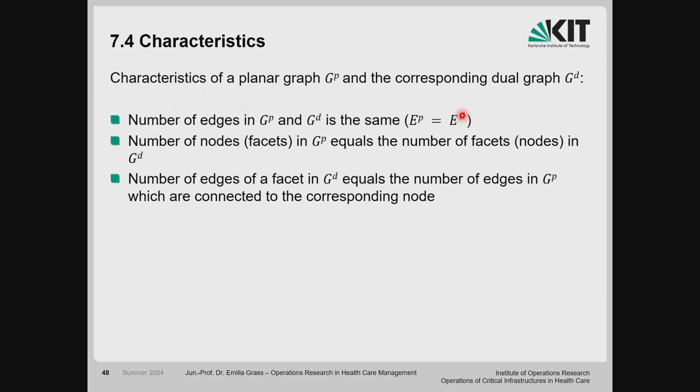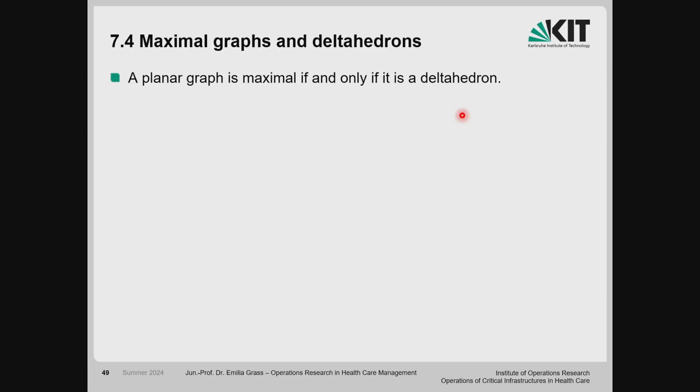Then the number of edges of a facet in the dual equals the number of edges in the planar one which are connected to the corresponding node. And the dual of the dual is again the planar graph. So it's basically like the optimization model when you have the primal one and the dual one, and you can translate back to the primal one. That's the same here: the dual of a dual is the original planar graph again.